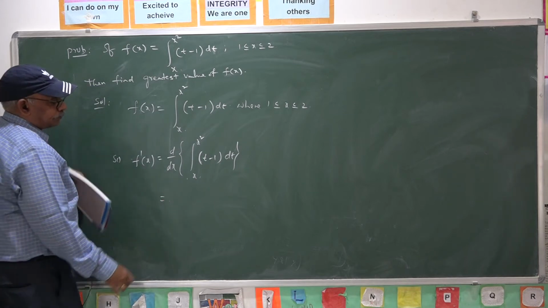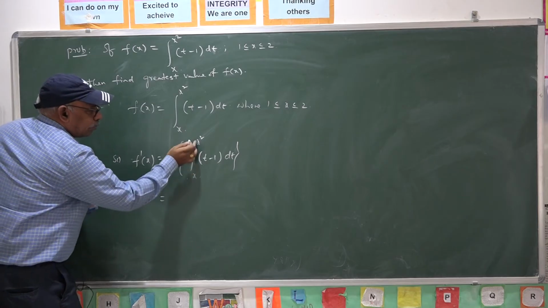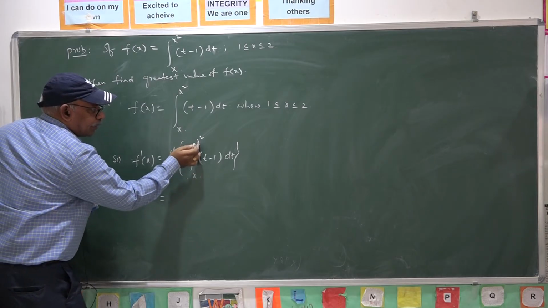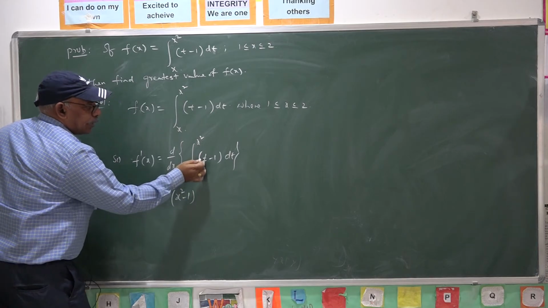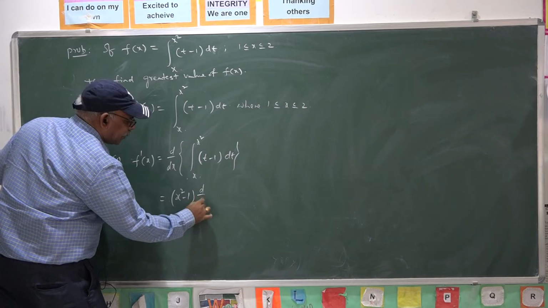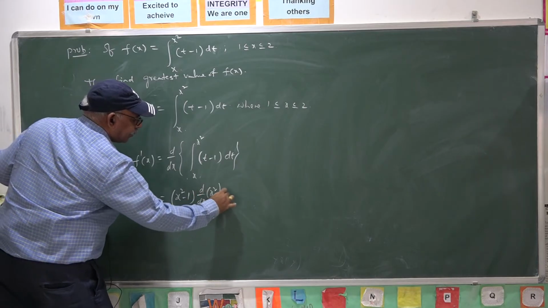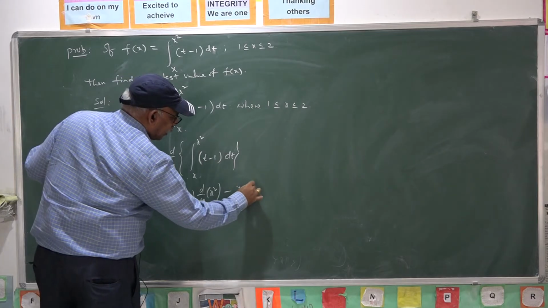That is differentiating this integral with respect to x, replace t with the upper limit in the function, x square minus 1, and d by dx of the upper limit, x square, minus replacing in the function the lower limit.